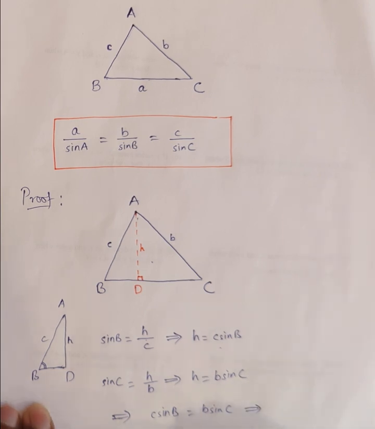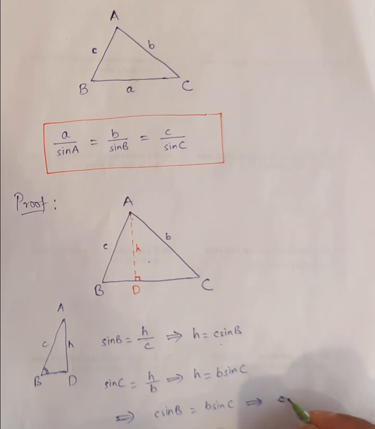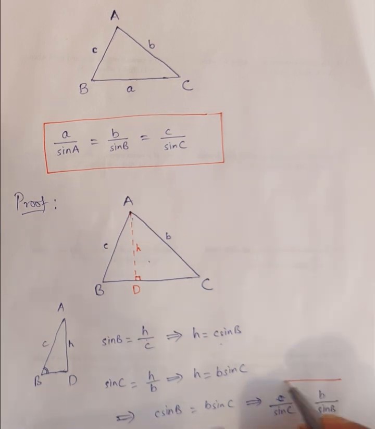Which means, now if I divide both sides by sine C, then I get c, or let me write it this way, c over sine C equals b over sine B is what I get if I move those factors around.